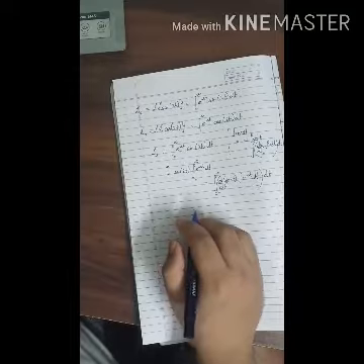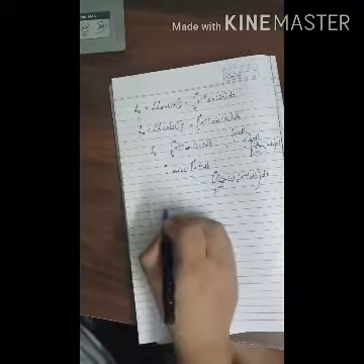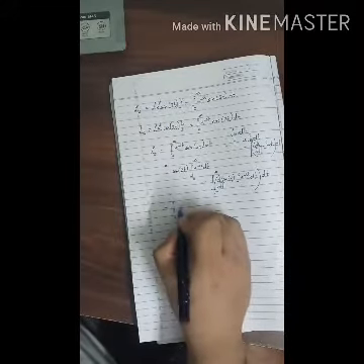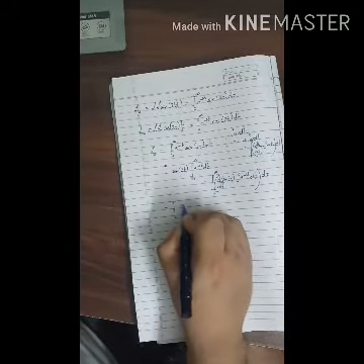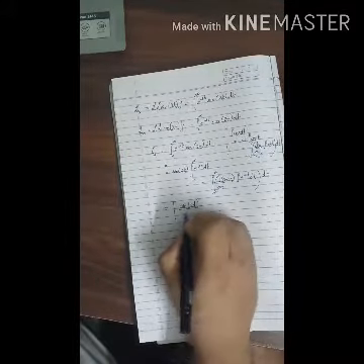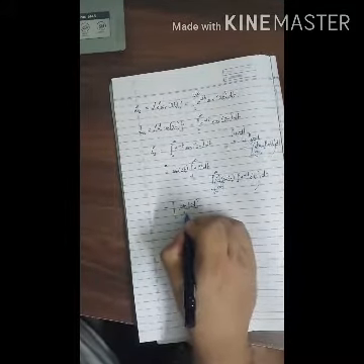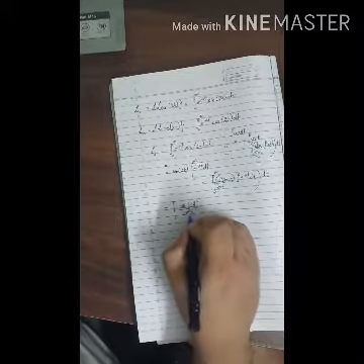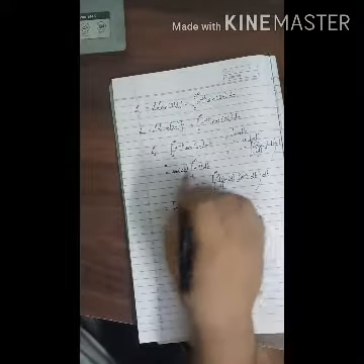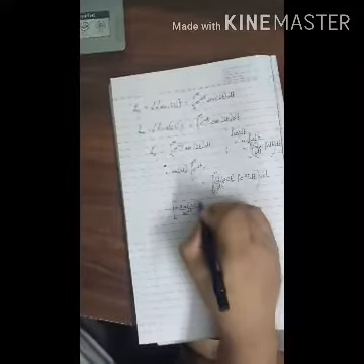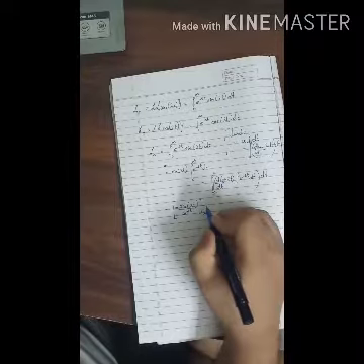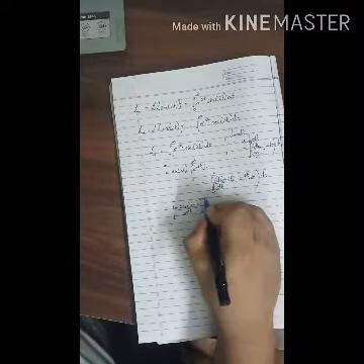Let's solve for it. This would be sine of 2t upon s times e raised to power minus st, with a minus sign, integrating this and applying the limits, and this expression would be solved from 0 to infinity.